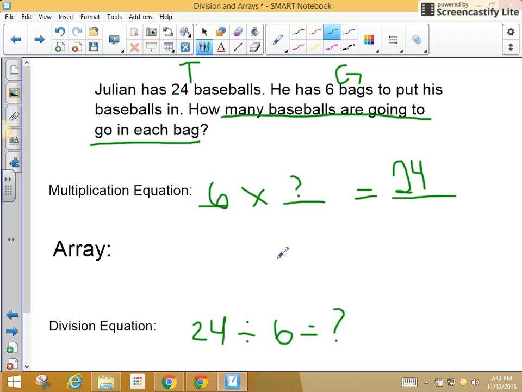Now, let's try and figure out what our question mark equals by making an array. I'm going to start off with dots. And since I know my groups, I'm going to make 6 rows because I know my groups already. 1, 2, 3, 4, 5, 6. I'm going to keep sharing a dot into each row until I reach 24.